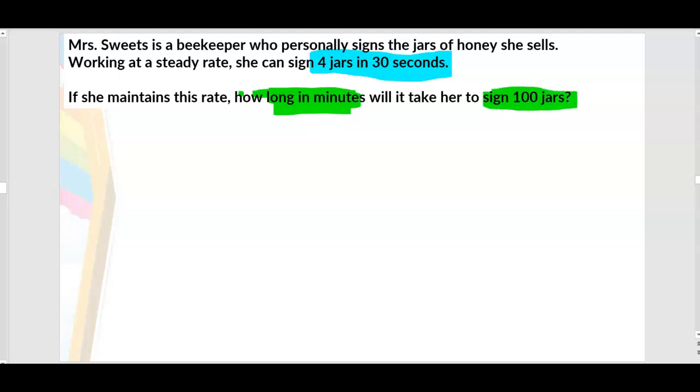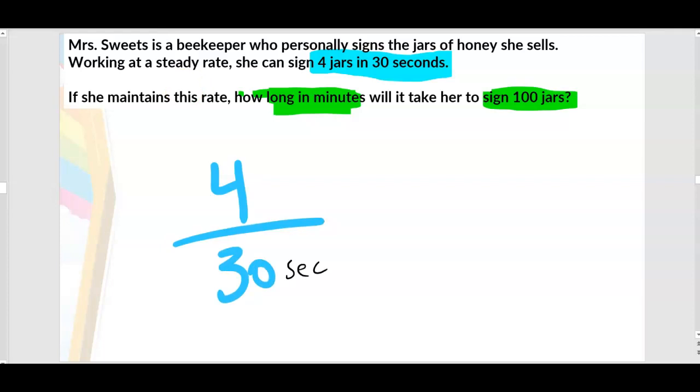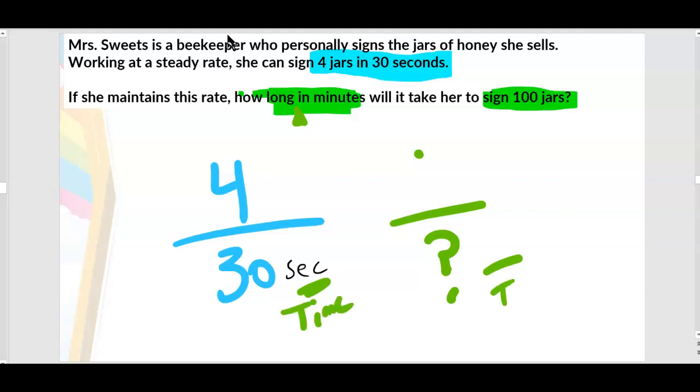So we could just go, okay, 4 jars and 30, notice what it says here, seconds. And we want to know how many minutes. So that goes with time. Because here's time, so this has to be time. If time is on the bottom here, time needs to be on the bottom here.